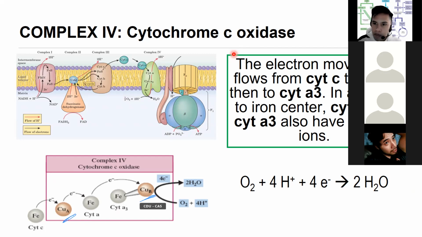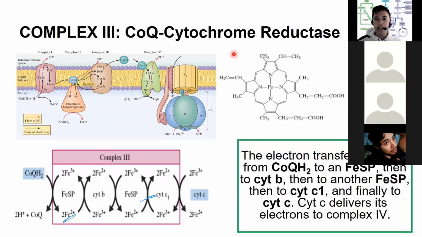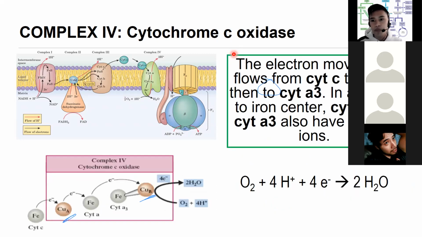Aside from cytochromes, your complex 4 also contains copper. So cytochrome A contains copper aside from iron, while the original cytochrome class only contains iron. But the cytochromes present in your complex 4 additionally contain copper.